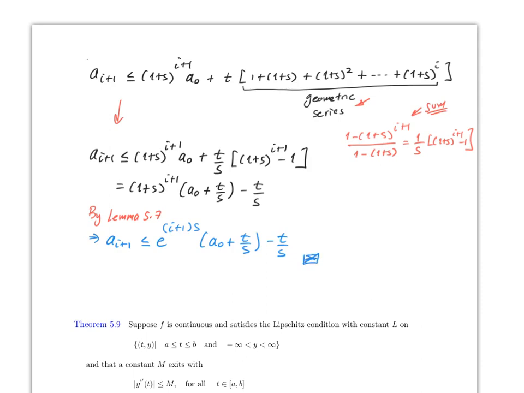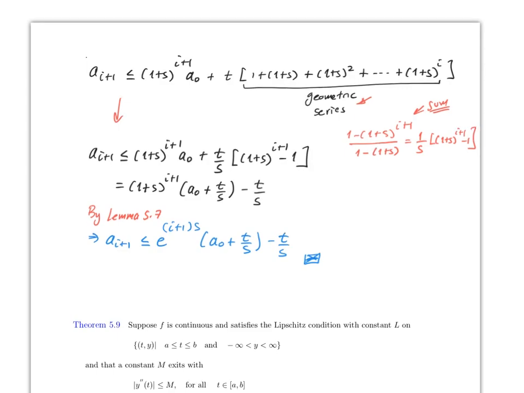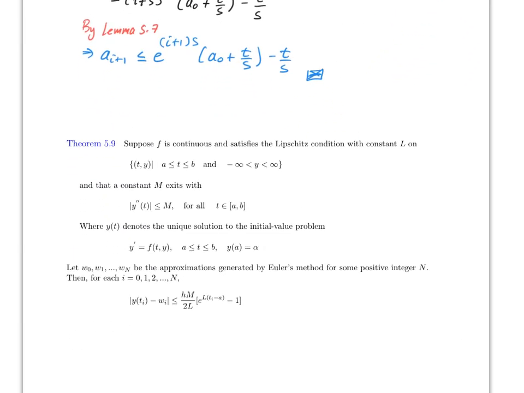All right, now let's look at theorem 3.9. This is what it says. Suppose that f is continuous and satisfies the Lipschitz condition with constant L on a convex set, and that there is a constant M such that the second derivative is bounded by that value for all values of t between a and b, where y(t) denotes the unique solution to the initial value problem.